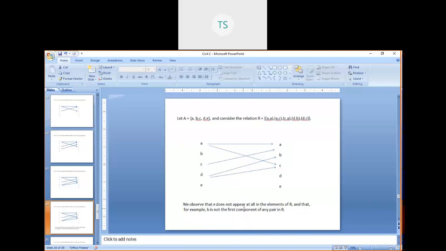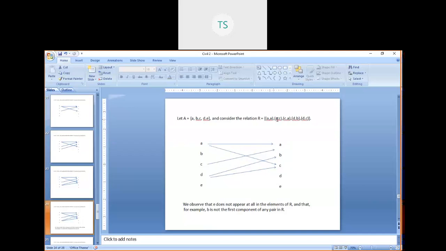If you notice the elements of R, in these ordered pairs B is not in the first position. Yes, B is there in an ordered pair but in the second position, not in the first position. Is it clear? So that's why from B we don't have any arrow mark.